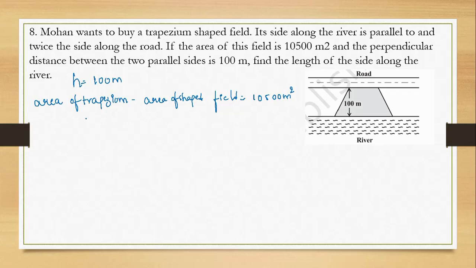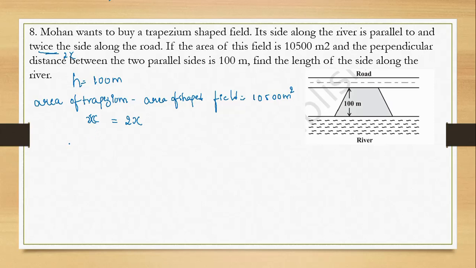Let us consider one side x, and the parallel side is twice, that is 2x. One side is x and another side is 2 into x.